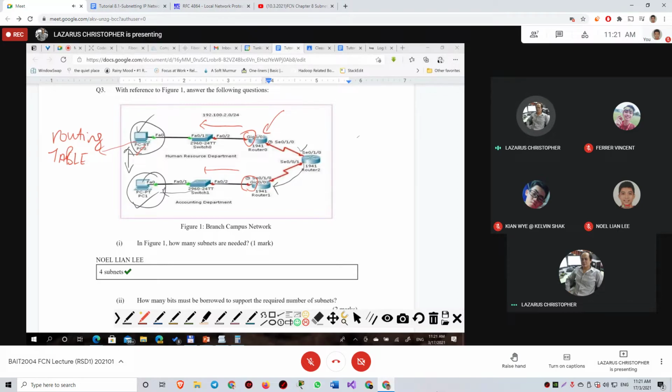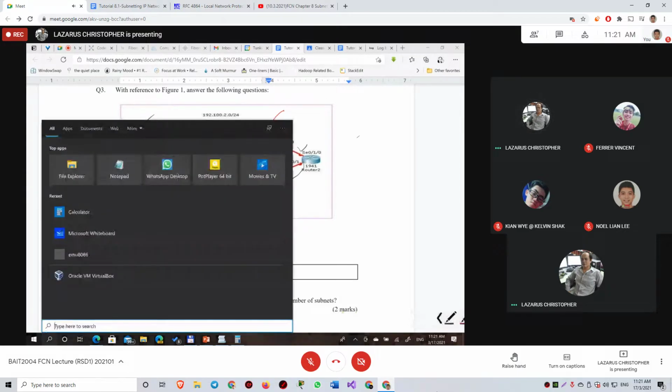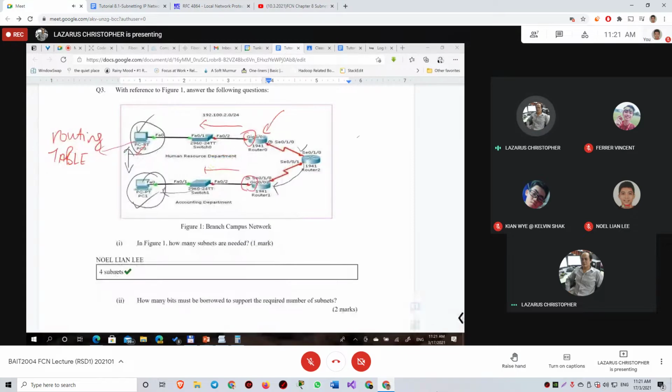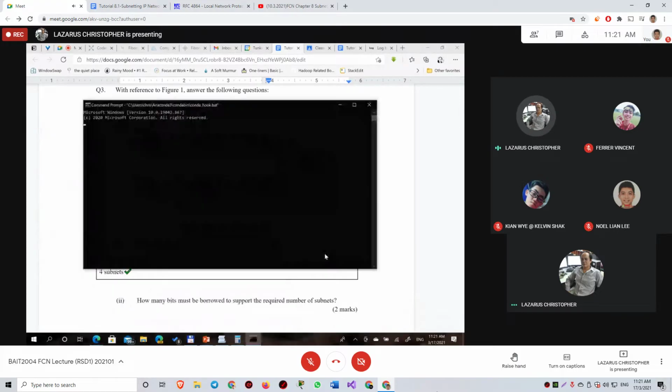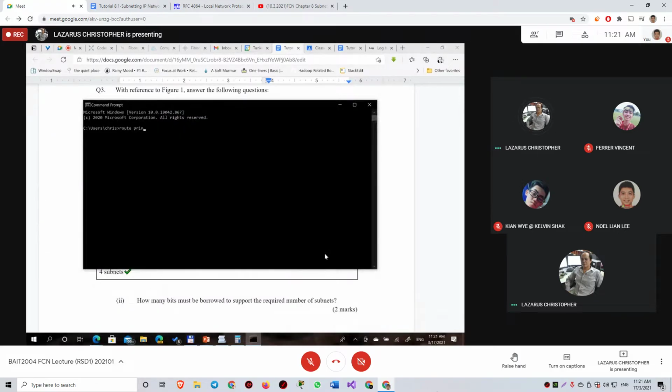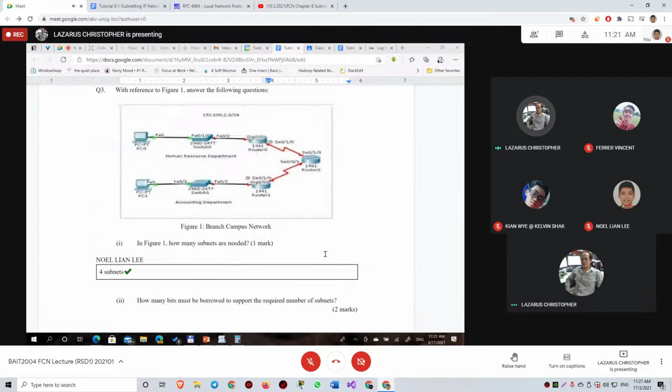We talk about this in chapter 6, but I can talk about it now a little bit to show you. You can type route print to view it. That's your routing table inside your PC.